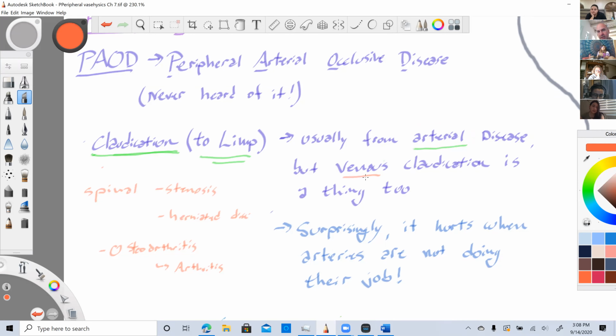Venous claudication is a thing too, although hopefully your doctor and you will have an idea of what to expect from the two different claudications.